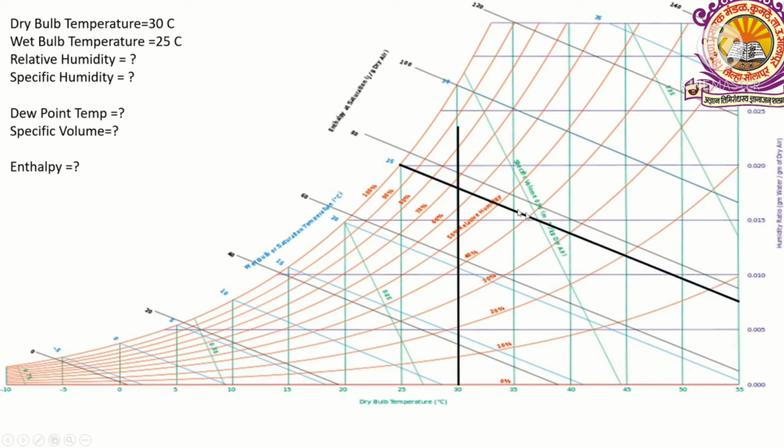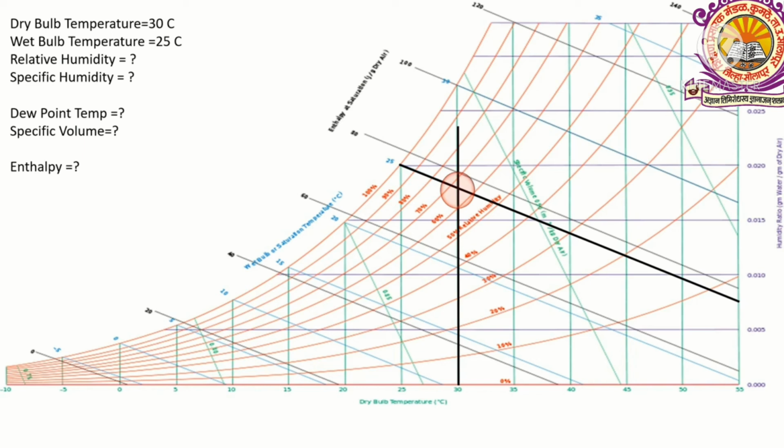Now locate the wet bulb temperature line of 25 degrees Celsius, where these two lines intersect. That point gives the required point of the air, having dry bulb temperature 30 degrees Celsius and wet bulb temperature 25 degrees Celsius.